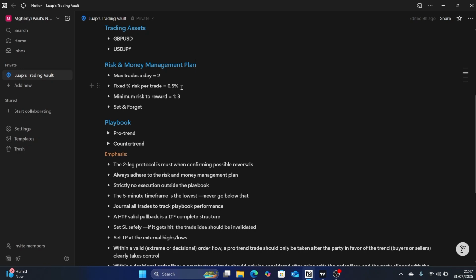But if you're using a fixed lot size, and let's say it's very small, then even if you win, it's not adding up much to that account.